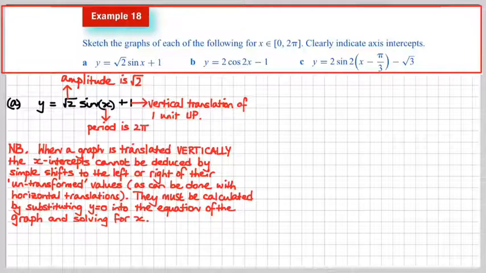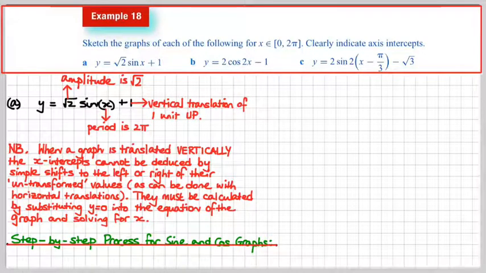Horizontal translations are not so bad because you can just shift everything to the left or the right, because the x-intercepts are the same distance apart in a horizontally translated graph. But if they're vertically translated, they are not the same distance apart, so they must be calculated by substituting y equals 0 into the equation of the graph and then solving for x, okay?